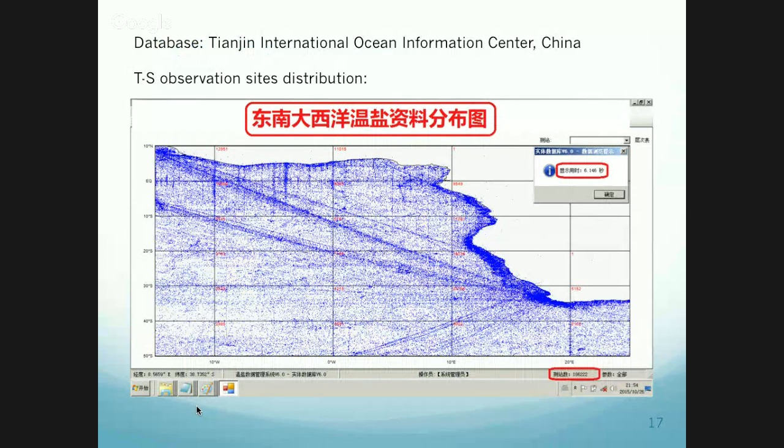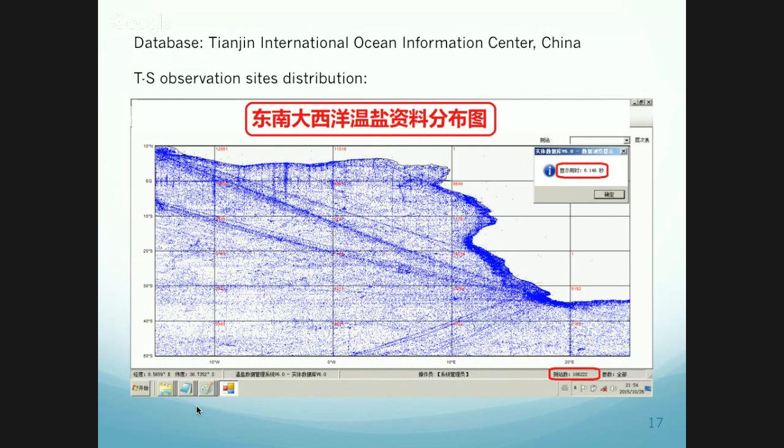This figure is what they sent to me, showing the distribution of the temperature and salinity observational sites in our study region. When we saw that, we got pretty excited because there are many observational sites along the coast, which we think we can make good use of.